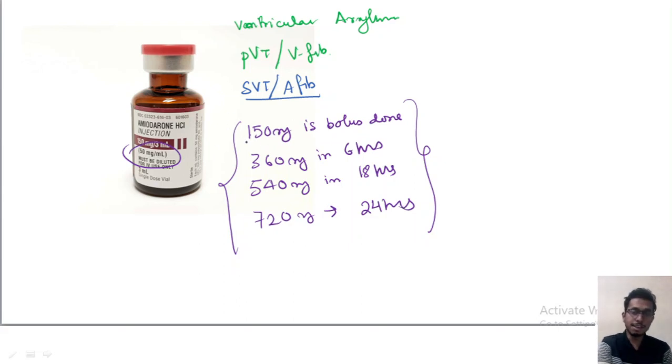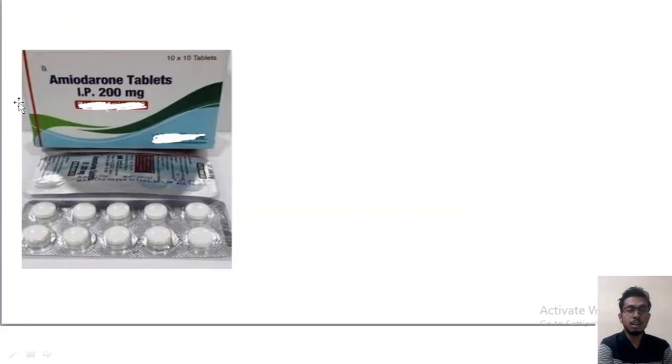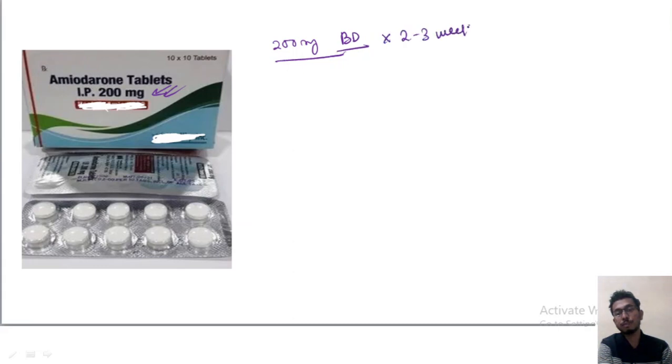Now you can see this is a very high dose, and if after maintenance we need to convert to oral tablet, the usual dosage of amiodarone is 200 milligram tablets twice daily, that is BD dosage, initially for 2 to 3 weeks, followed by OD dose.